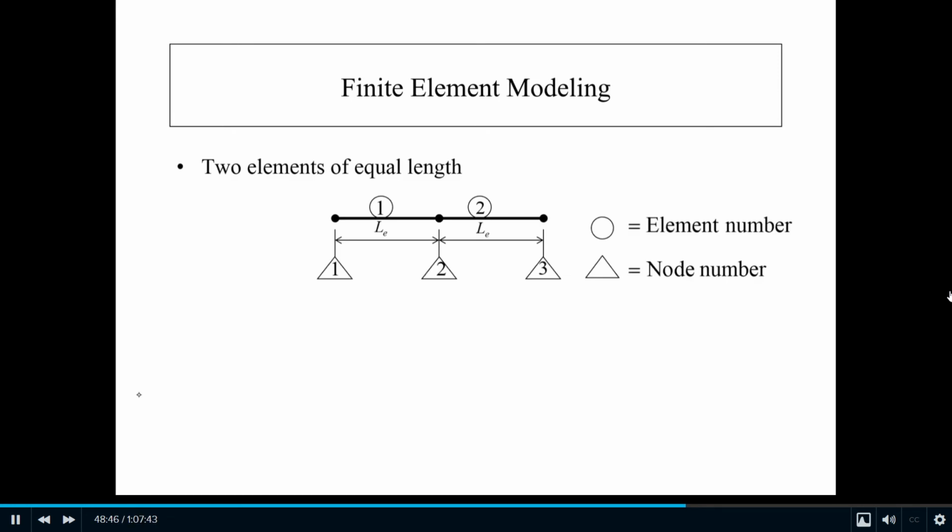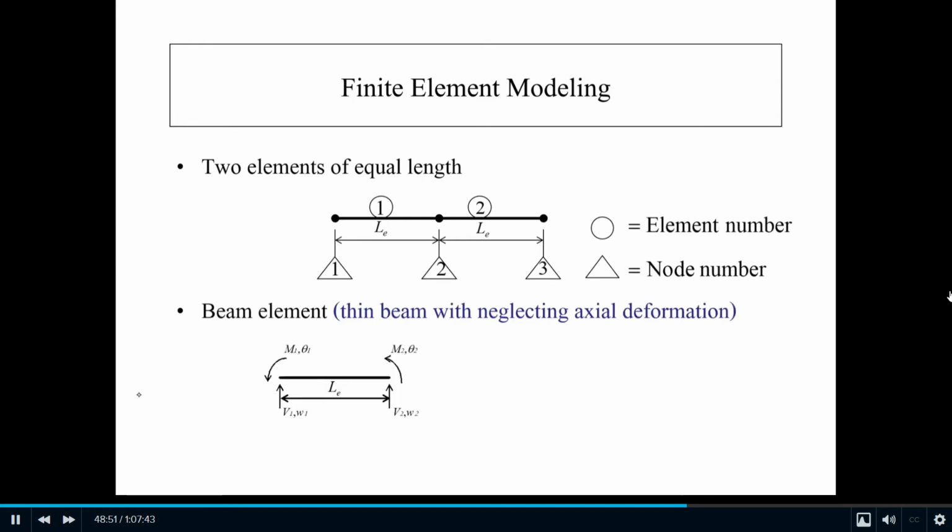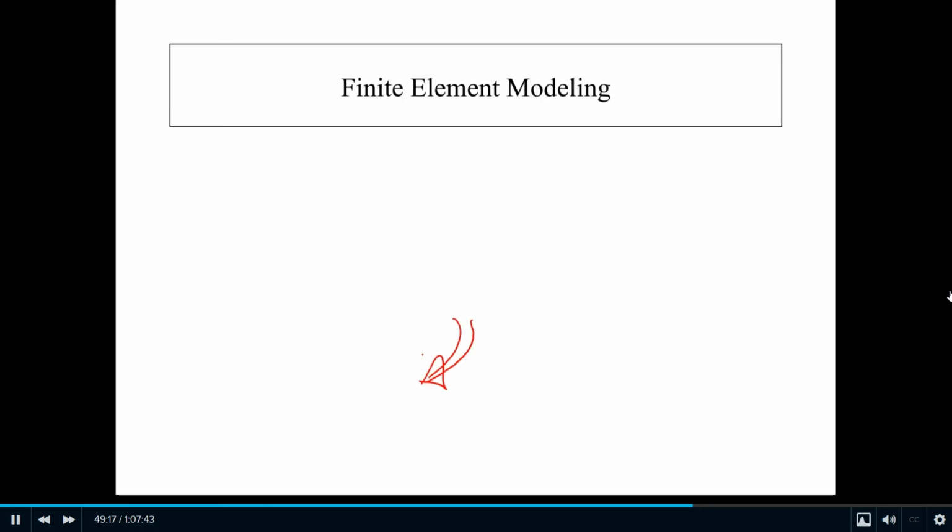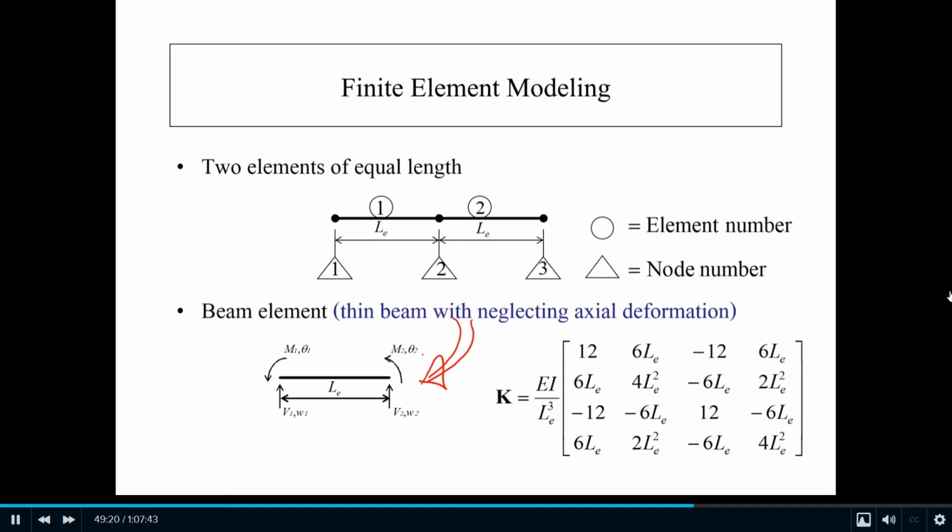We have element numbers and node numbers like this, and for each element you have the nodal variables and the nodal force vector defined like this. And your simple matrix K for each element is defined like this. Of course, you can take that from what we have before. And for this problem, Le is what? 3 meters.